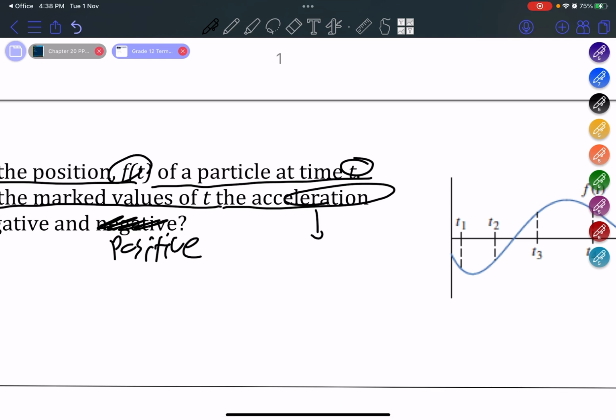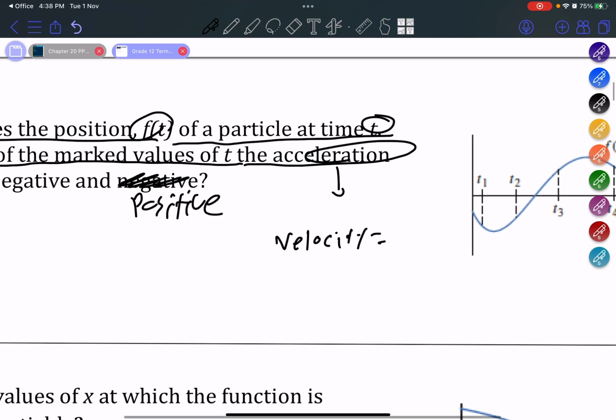Why? Because velocity is the derivative of position, it's the derivative of something, and acceleration will be the double derivative of that. So this is just a single derivative, and acceleration, excuse my spelling, is the double derivative.